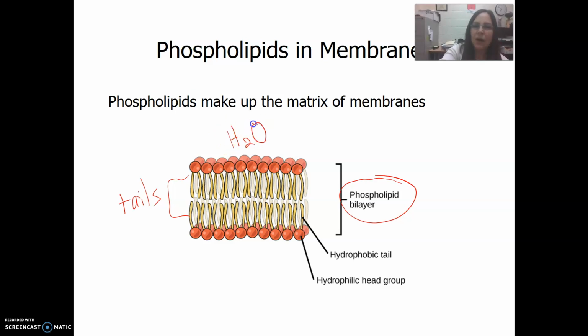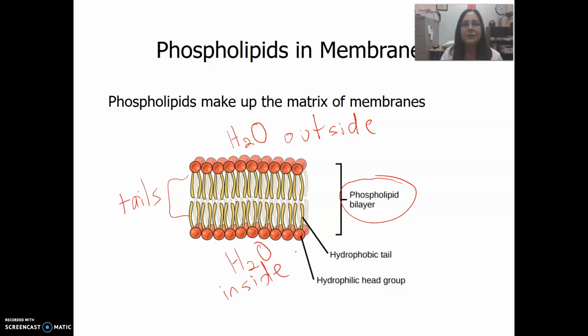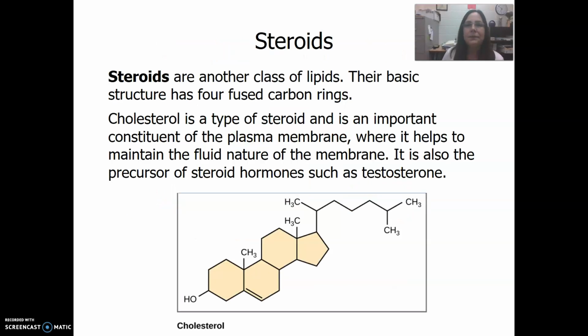So there's typically water outside and inside of the cell. So this would represent the water outside the cell, and then the water-based fluid inside the cell. We call that the cytoplasm. So the heads are exposed to the water because they are polar and hydrophilic.